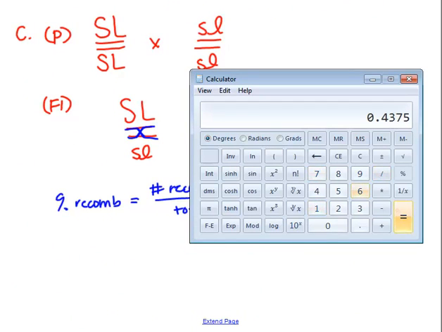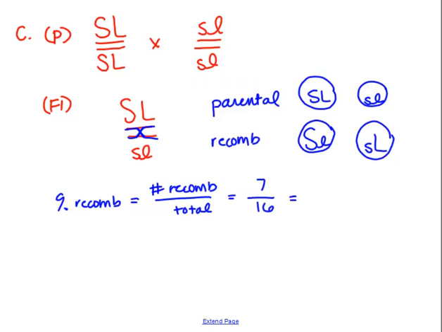And then you would times it by 100 to get the percentage. So you get 43.75% recombination. And remember that for every 1% of recombination, that equals 1 map unit or centimorgan. So the map distance between these two genes is 43.75 centimorgans.